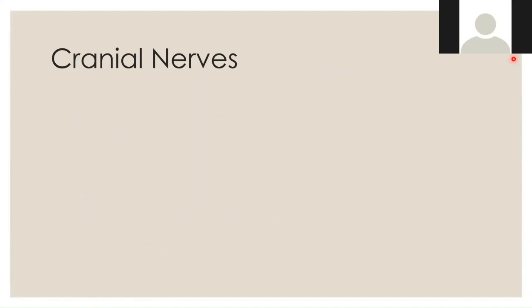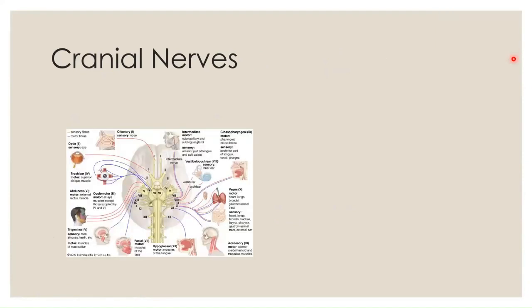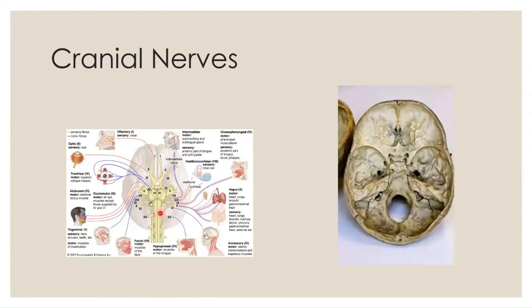So if you look at the cranial nerves, you have 12 of the cranial nerves. You will learn about this in the neuroanatomy module. And here, if you look at the brain, there are small holes called foramina. And these nerves leave the brain from these spaces.